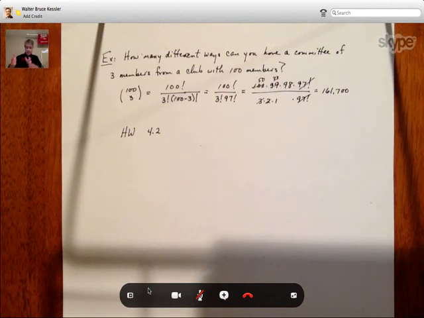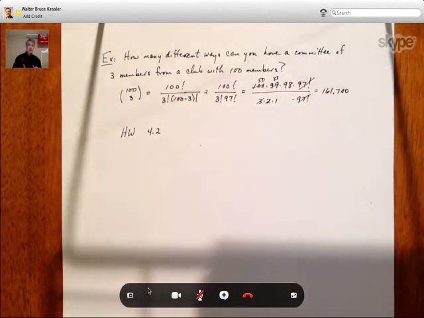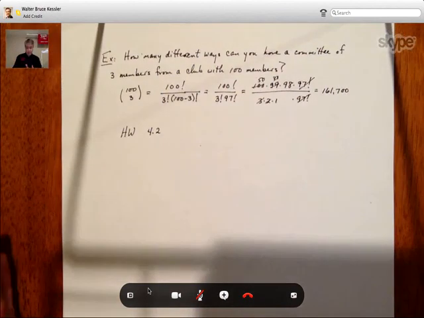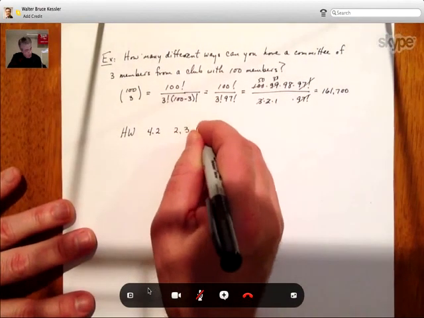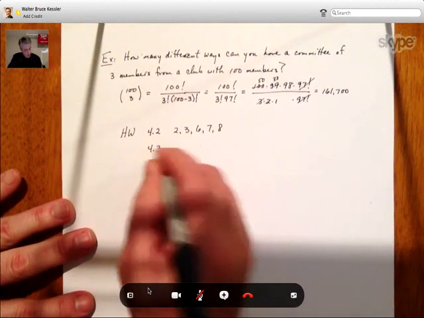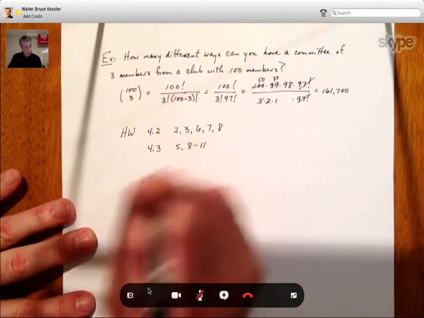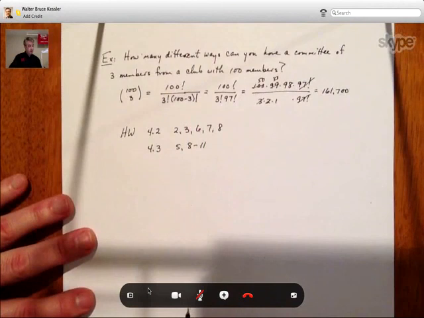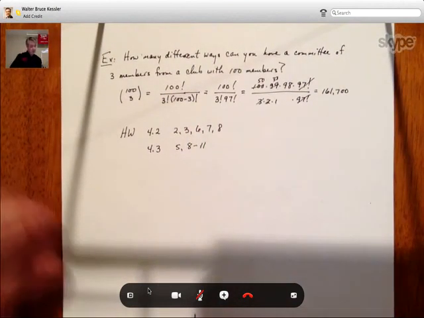And so you'd have to pick the guys, and then pick the girls. So you end up doing this for the individual choices, but then use fundamental counting principles, saying this many ways to do the guys, this many ways to do girls, and so forth. So in 4.2, let's do problems 2, 3, 6, 7, and 8. And those have some parts to them. And then in 4.3, do problem 5, and then problems 8 through 11. Okay. They'll give us a little practice using this.